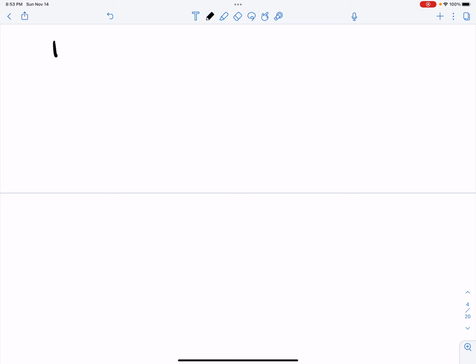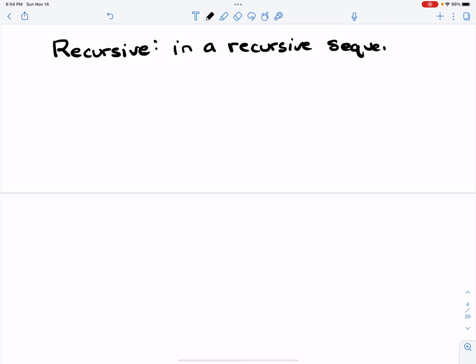Okay, another definition, recursive. In this sequence, we say that the rule involves recursion.